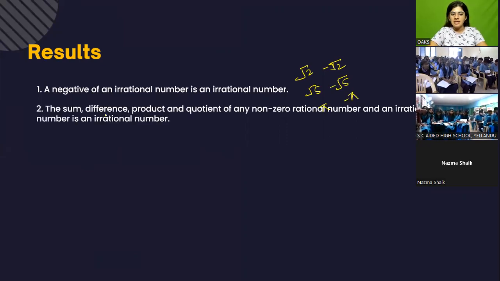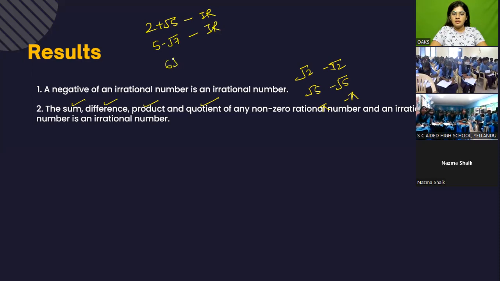Now the second one is the sum, difference, product, and quotient of any non-zero rational number and an irrational number is an irrational number. Okay, now we are talking about the sum, difference, product, and quotient of any non-zero rational and irrational, which means 2 plus root 5 is irrational. 5 minus root 7 is irrational. 6 root 11 is irrational.